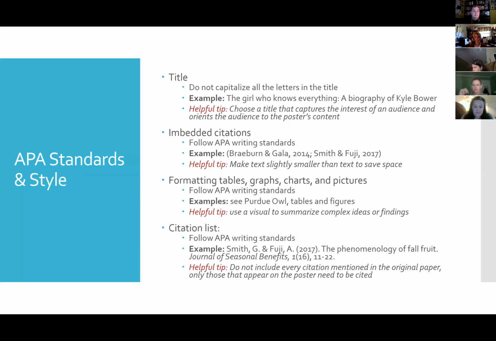For this, you want to use APA citations in alphabetical format, of course. And some people don't know, when you're taking information from maybe a paper to a poster, it's not necessary to cite every single citation from that original paper. Not all the citations will make the poster.